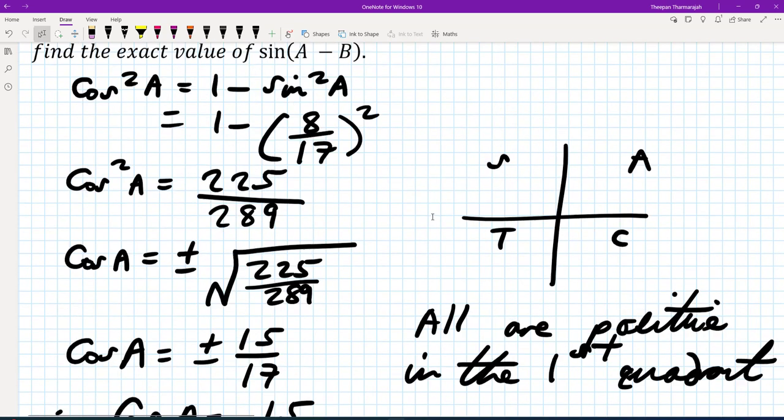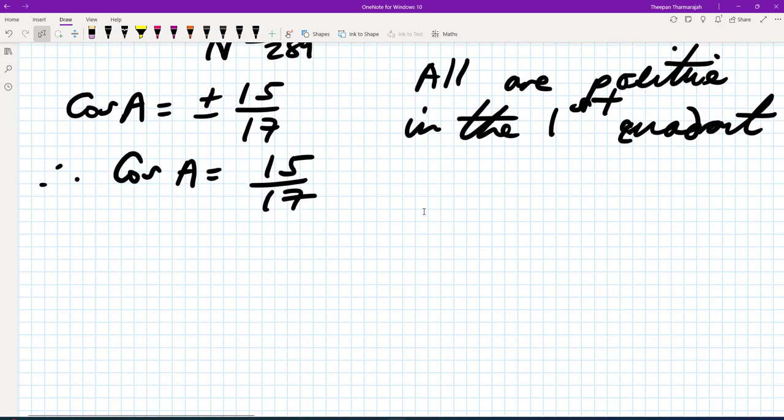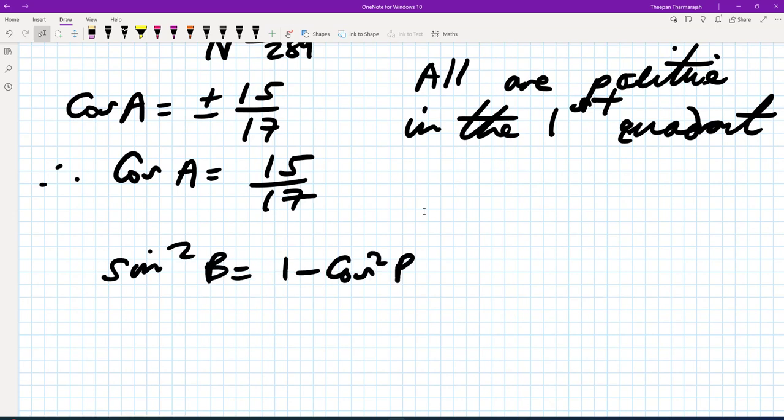Now we know that B is obtuse and cos B is minus 4/5, so we need to find sine B. So we can say sine squared B is 1 minus cos squared B. So in our case, we can do 1 minus 4/5 all squared.